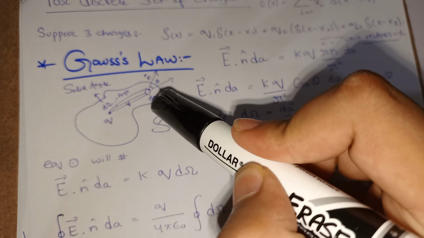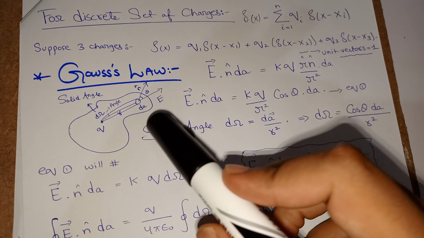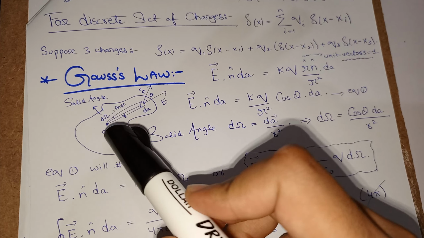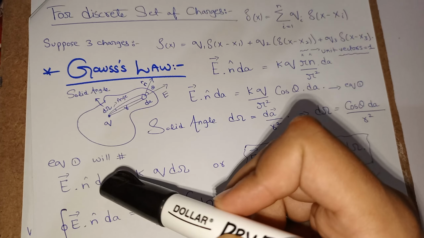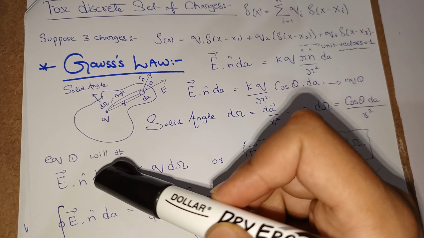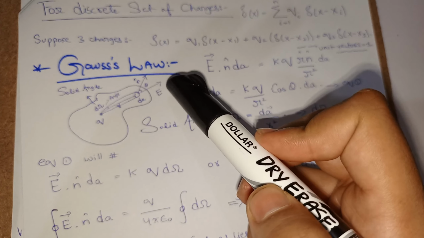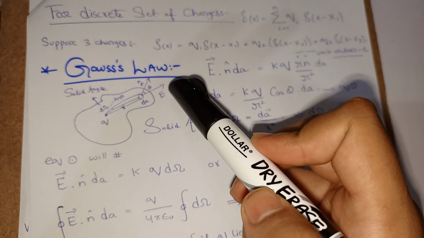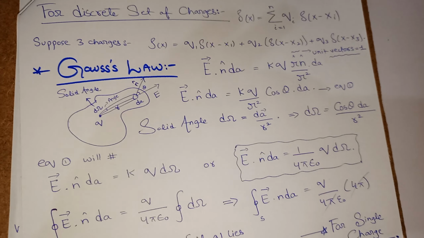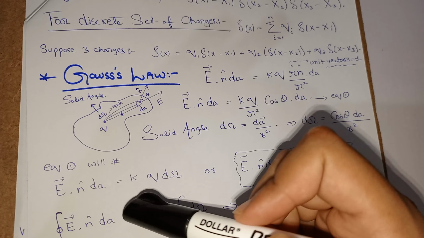The angle subtended at the charge by that patch is basically the solid angle, denoted by d omega.